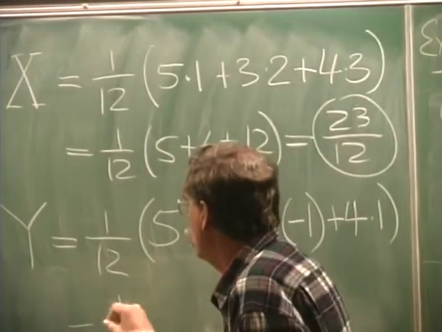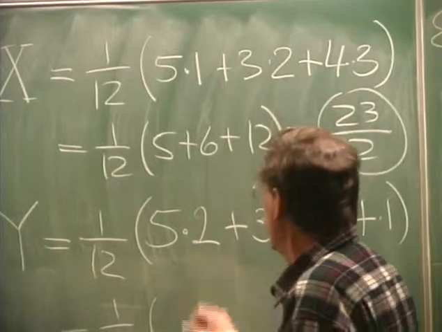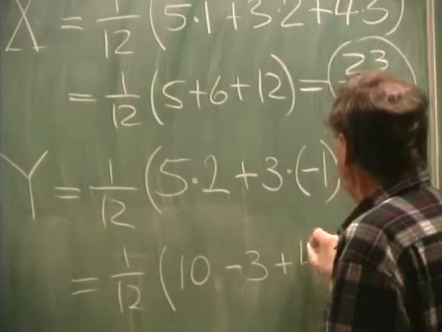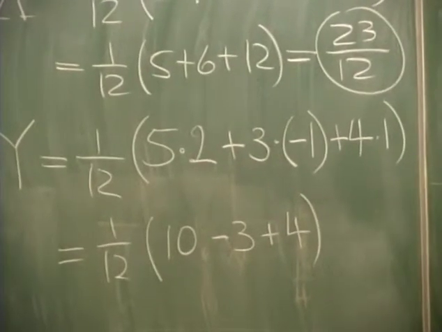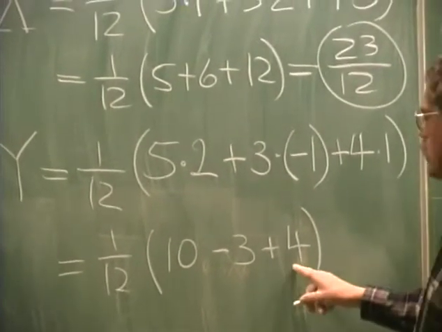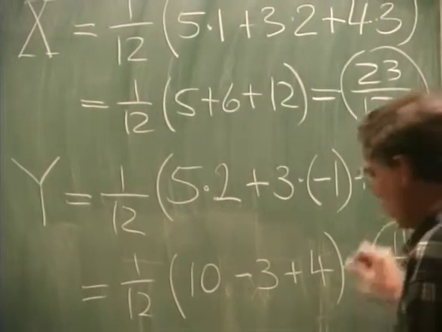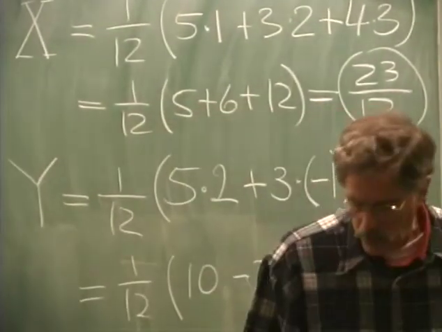So it's 1/12 of 10 minus 3 plus 4. Did I do that right? 10 minus 3 plus 4, so it's 10 plus 1 is 11. It's 11 over 12. That's the y component of the center of mass.